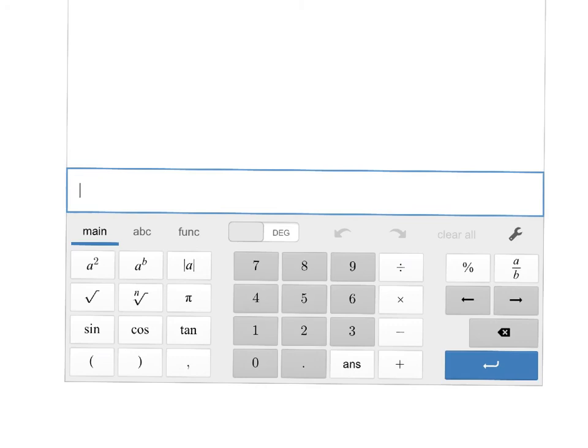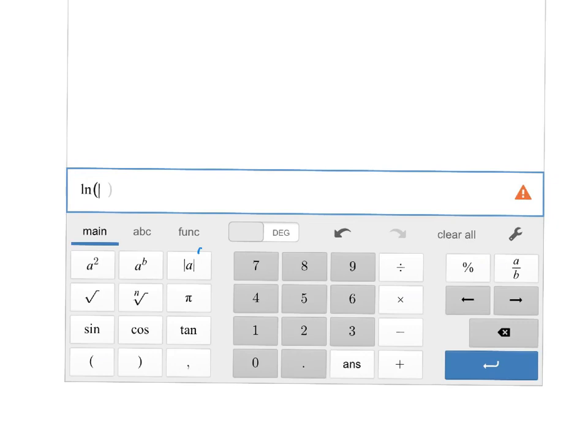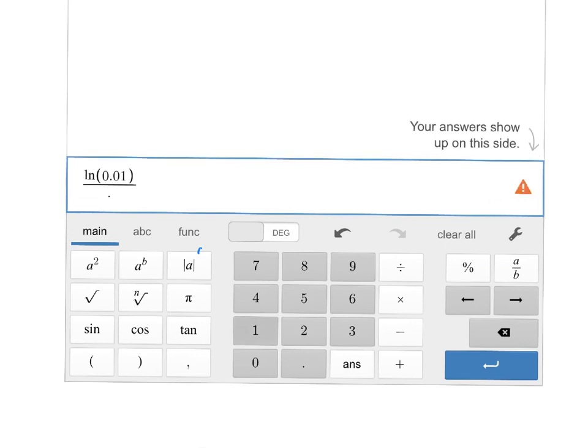Sorry, I was thinking it wasn't going to that page. Okay, so the function, and we're going to do ln of 0.01, bracket, divide that by 0.01. ln of 0.01 divided by 0.01 is negative 460, as you can see.